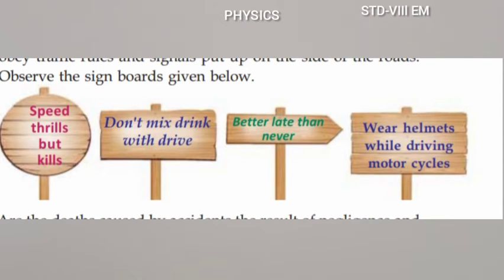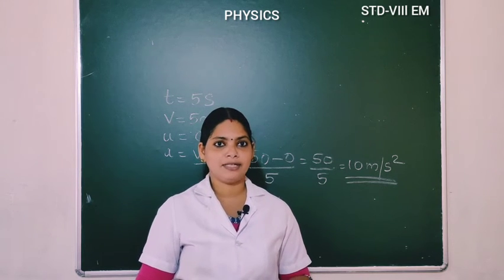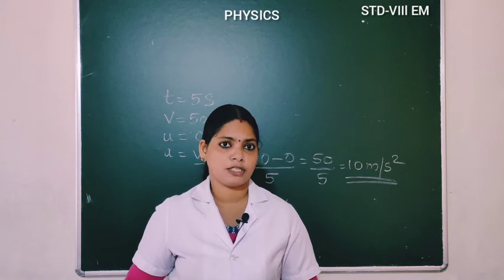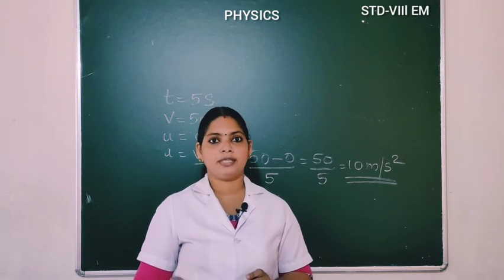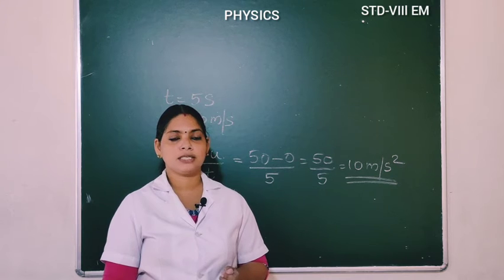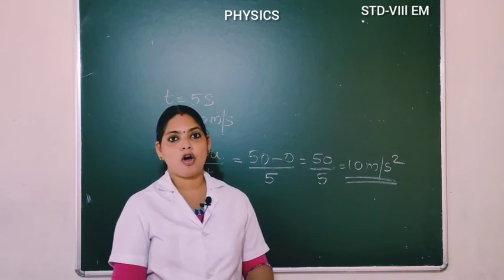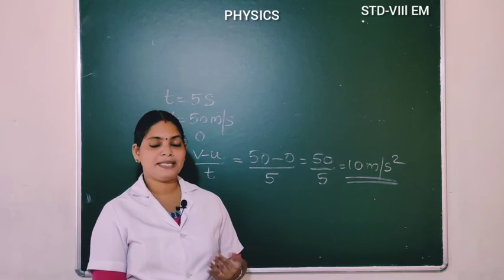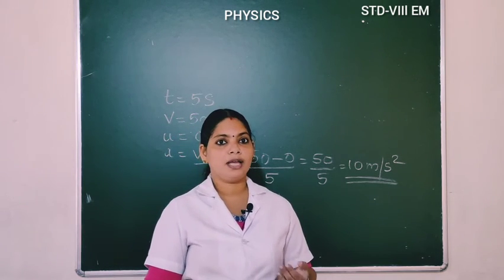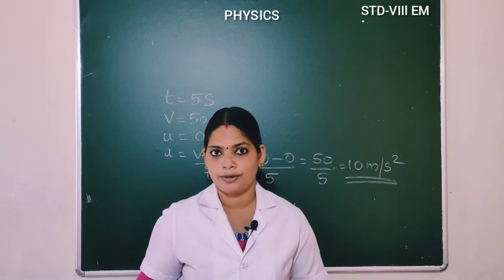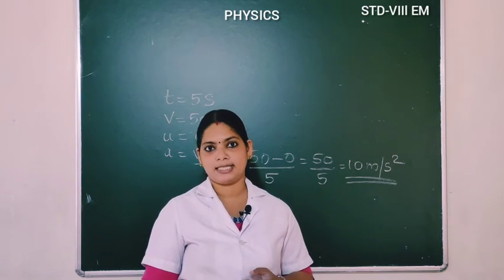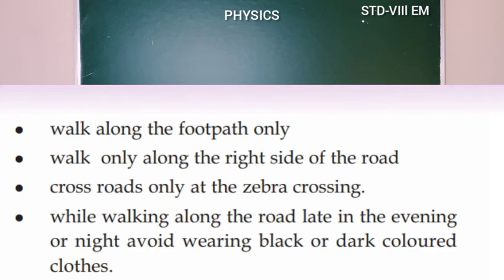Accidents are not caused only by the carelessness of the drivers, it is also due to the carelessness of pedestrians. So there are some precautions that should be taken while walking on the road by pedestrians. Let us discuss what the precautions are.